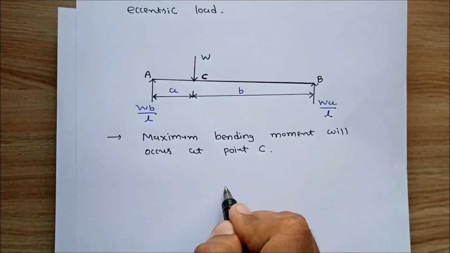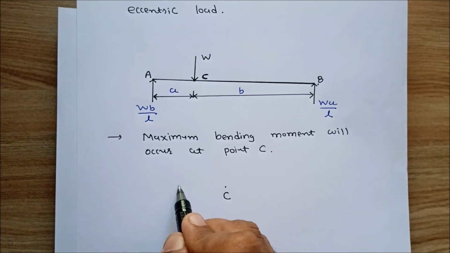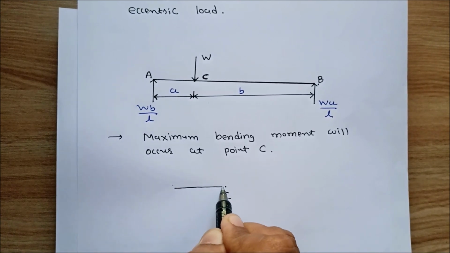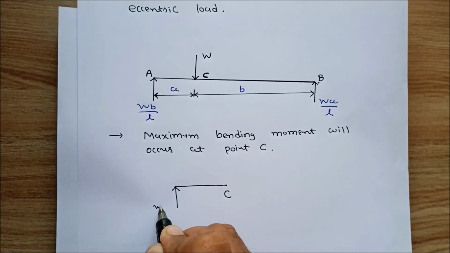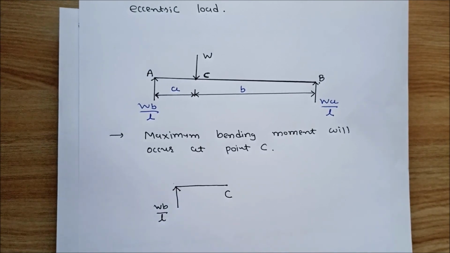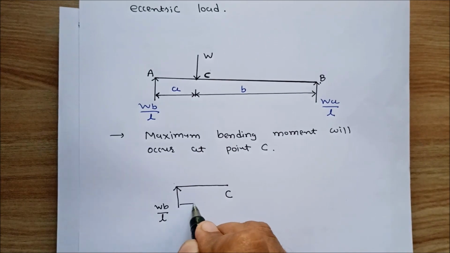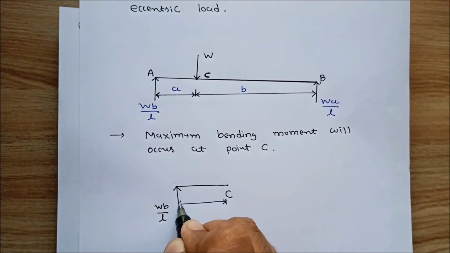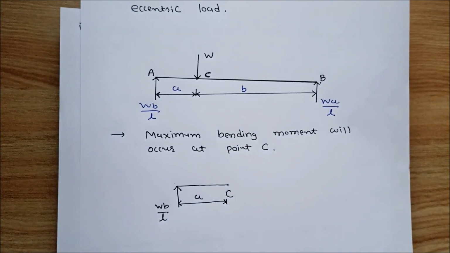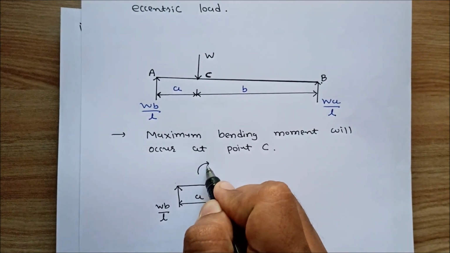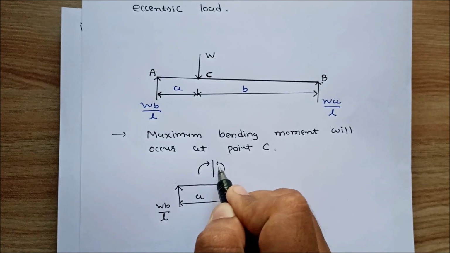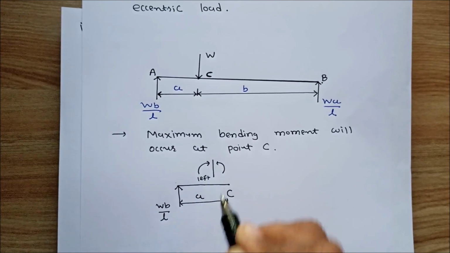For example, this point is C. So this is left side. Reaction at A, that is WB by L, and this distance is A. While you calculate bending moment from left side, our sign convention is from left side clockwise moment is plus.